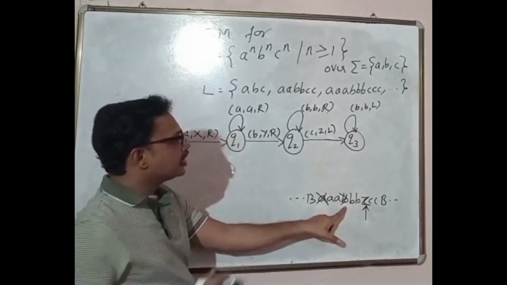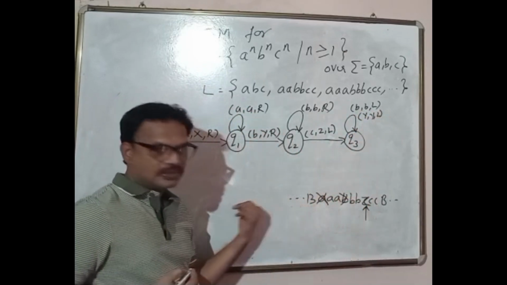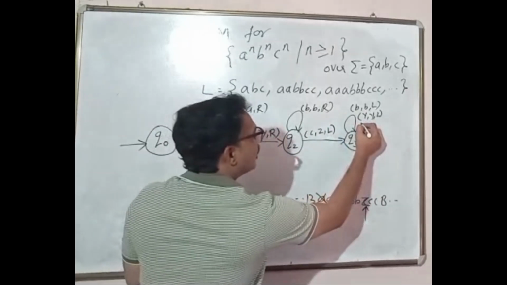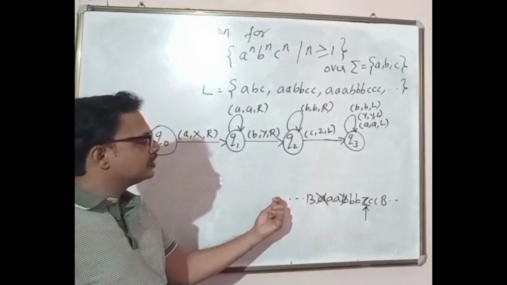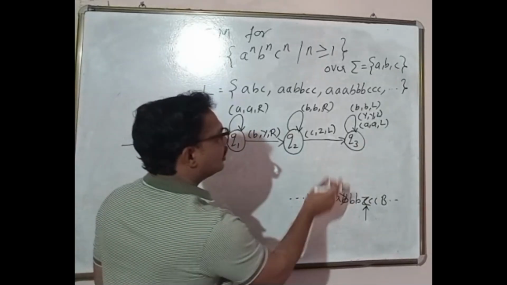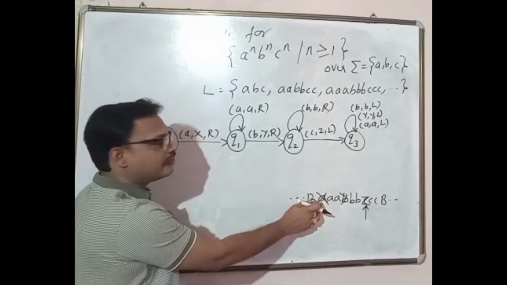It may encounter several Y's, no issues. Come to the left. It may encounter several A's, no issues. Come to the left. It can come across X at some particular moment.